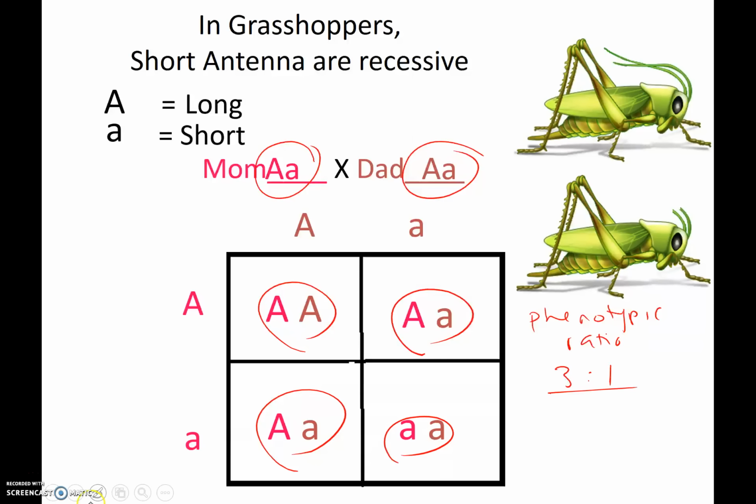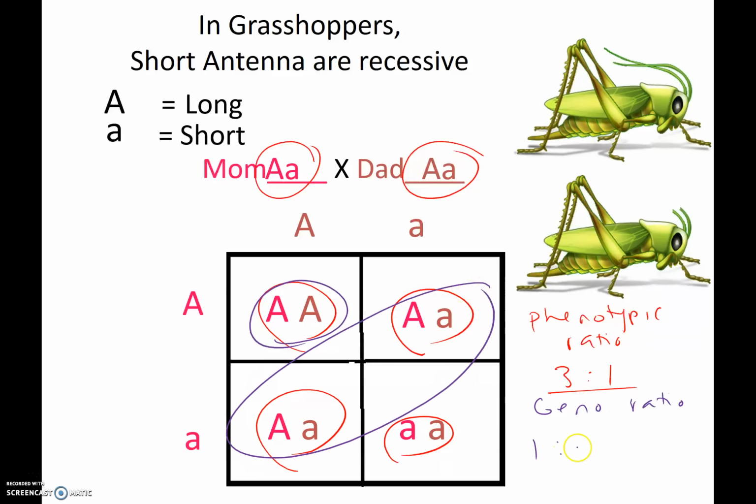But now when I look at the genotypic ratio, I'm going to look at the genotype, starting with what's most dominant. I have 1 homozygous dominant, 2 heterozygous, and 1 homozygous recessive. So my genotypic ratio of a heterozygous parent and a heterozygous parent is 1-to-2-to-1.